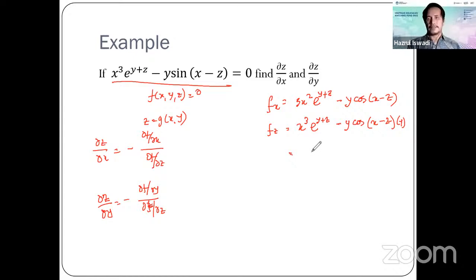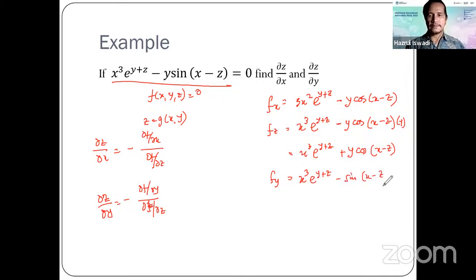So we have x cubed e to the power of y plus z plus y cosine of x minus z. Okay, last we should find the partial derivative of f with respect to y. So we have x cubed e to the power of y plus z and minus sine of x minus z.